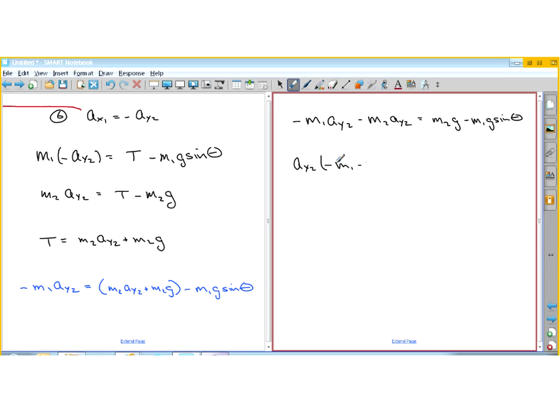I've got negative m1 minus m2 times a sub y2 is equal to m2 g minus m1 g sine theta. I'm going to divide by, get the negative sign out of there. So what that'll do is it changes the sign here. So you get m1 g sine theta minus m2 g, and then divide by the sum of these two. So that's your answer.